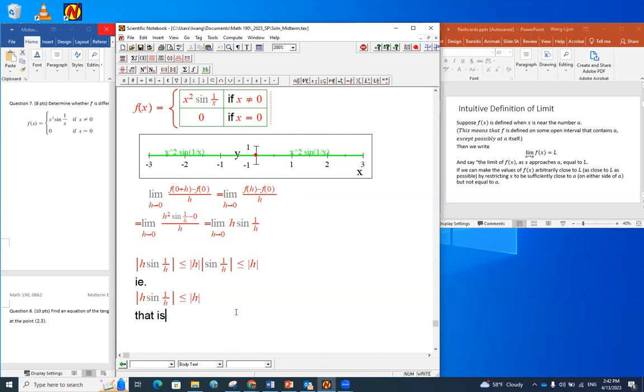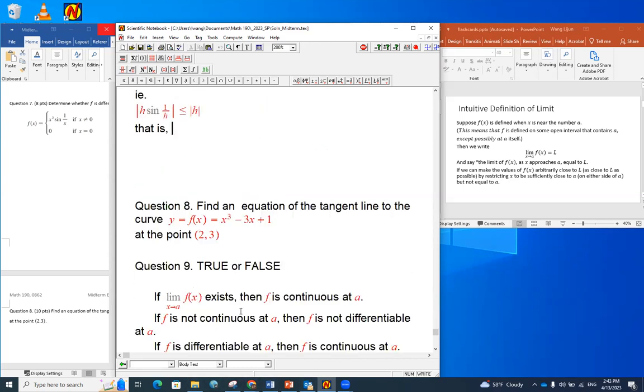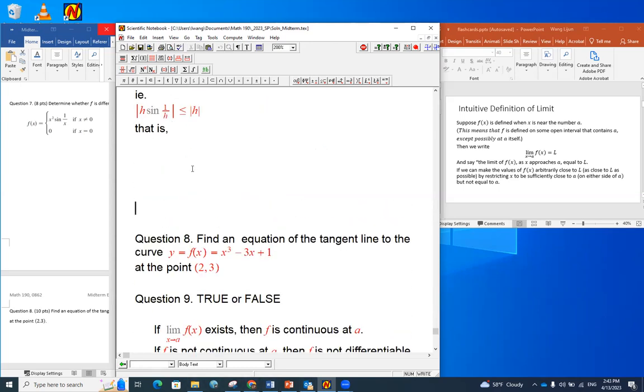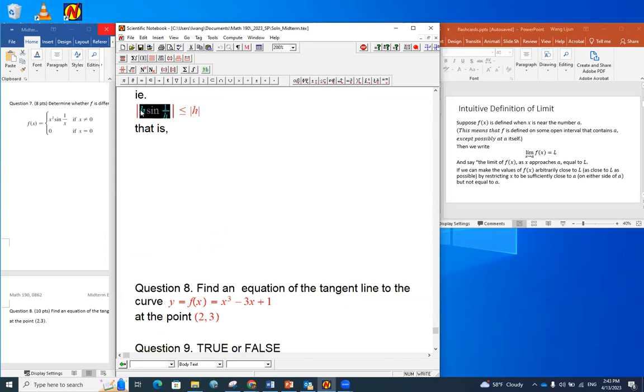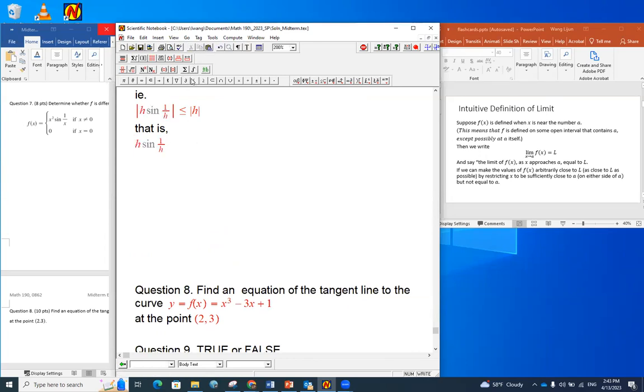With a bit more algebraic manipulation, this function of h is between negative of the absolute value of h and less than or equal to the absolute value of h. It's squeezed in between.